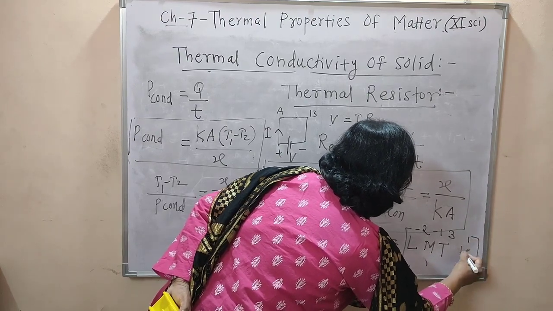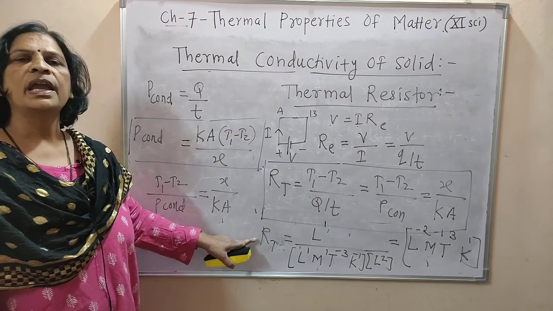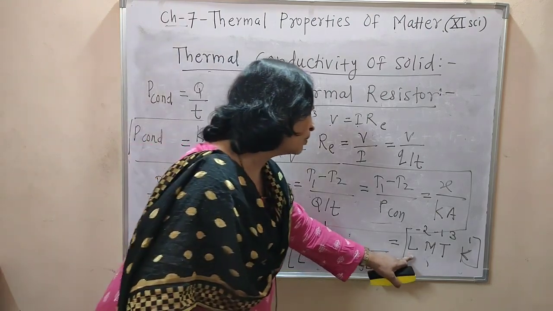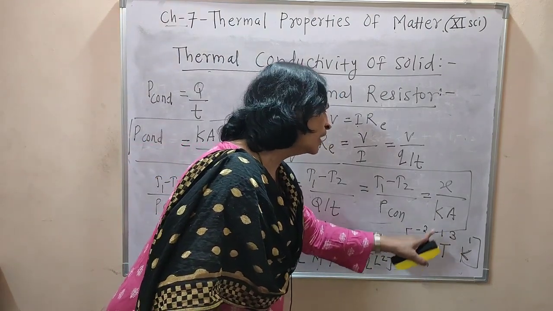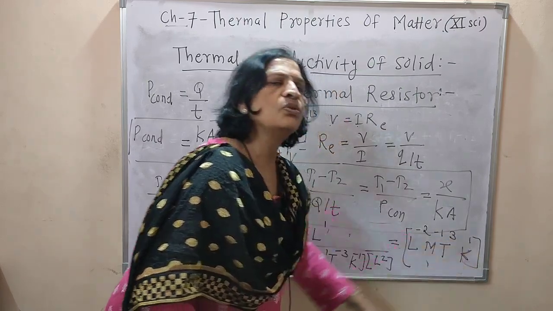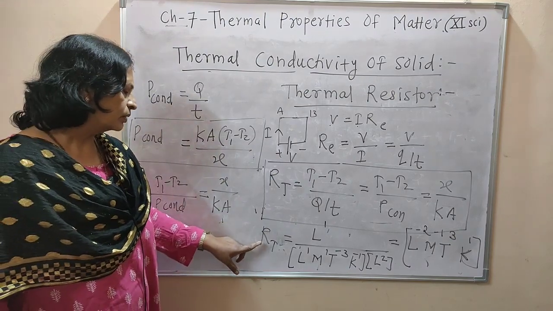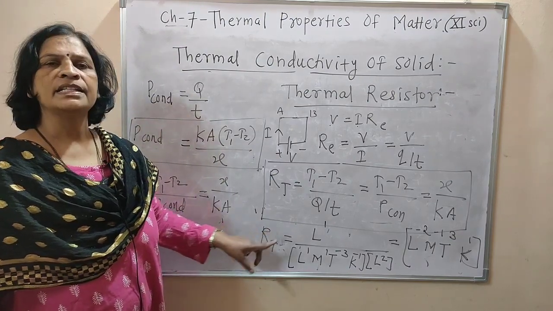That is the dimension for the thermal resistance. Okay, and this is the dimension, L raised to -2, M raised to -1, T raised to 3 and K raised to 1. That is the dimensions to calculate the thermal resistor.